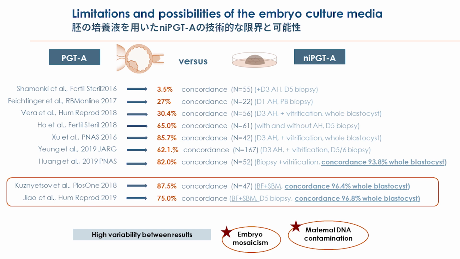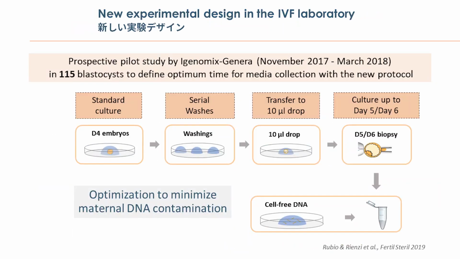So just taking all these studies into consideration, we were running our study, as I mentioned, completely non-invasive. The only thing that was very important for us from the very beginning is to eliminate very well the cumulus cells or granulosa cells that surround the oocytes. You can do this with IVF or with ICSI.